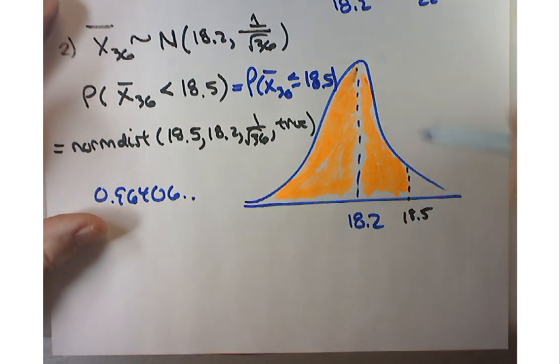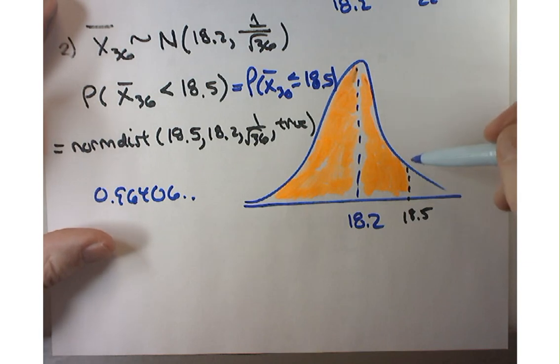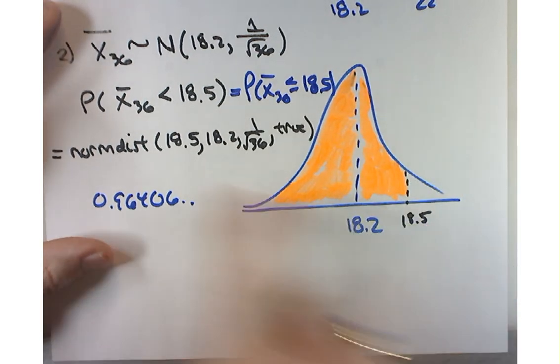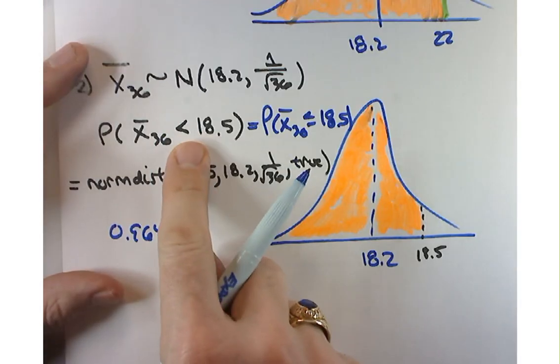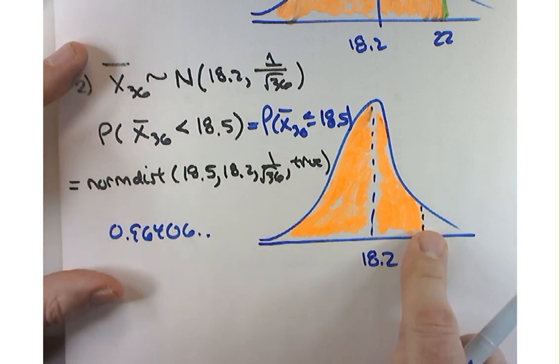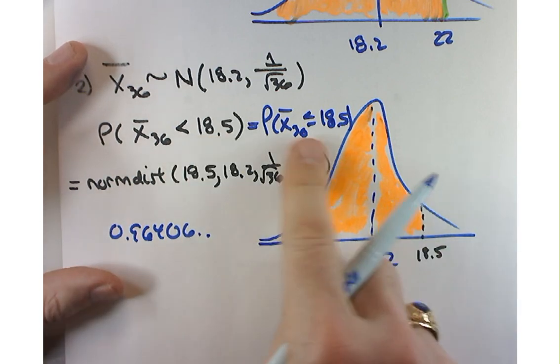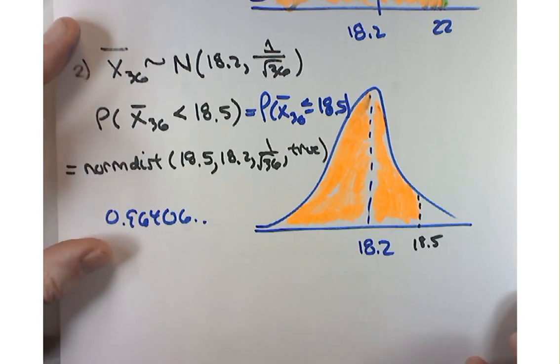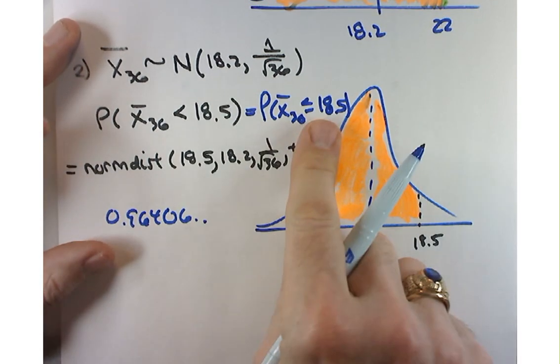The fancy reason is that the area underneath one point is 0. So if we want the probability up to but not including 18.5, you can include 18.5 because the area underneath that last little bit is 0. So you're not changing those probabilities.